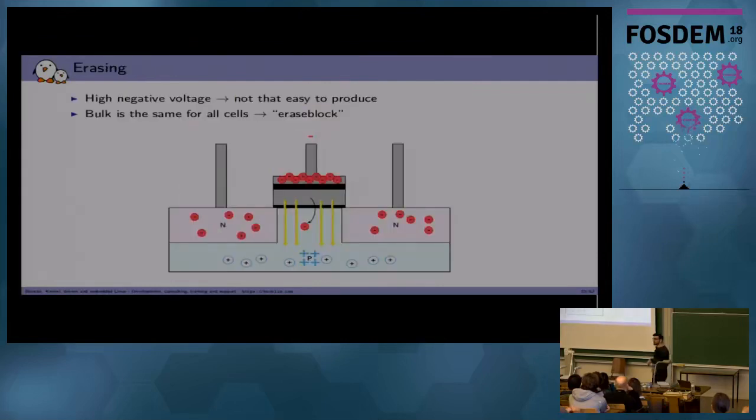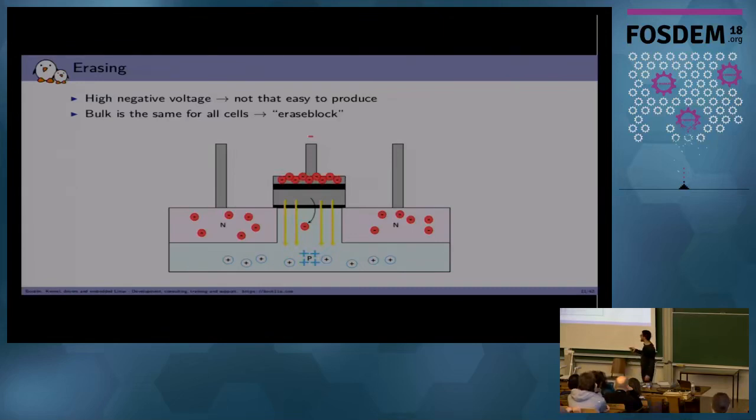If I go back a few slides, you remember when I talked about erasing the cells by moving electrons out of the floating gate. I told you we could apply a high negative voltage on the gate, but high negative voltages are not as easy to obtain. So what we do instead is apply a high positive voltage on the bulk, on the P substrate.